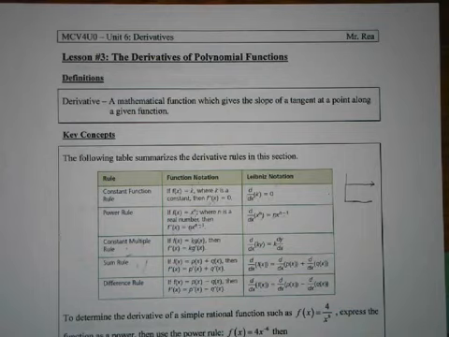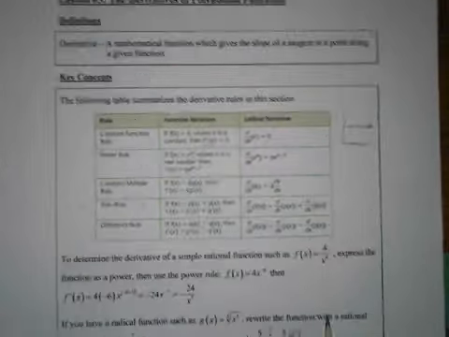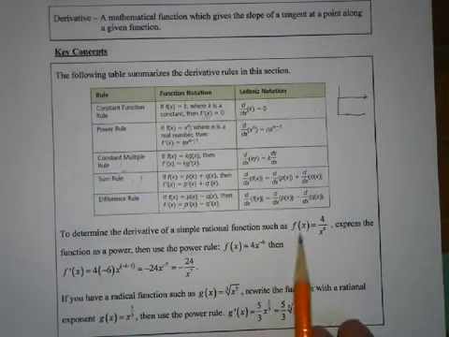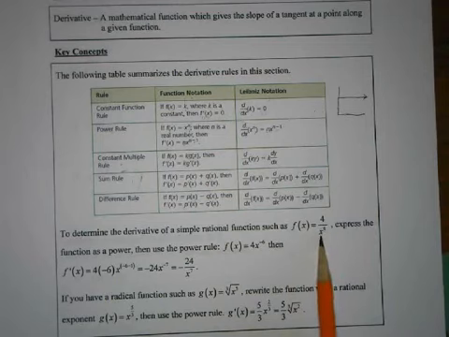Okay, so here's where we can start doing some examples. Determine the derivative of a simple rational function, such as f of x equals 4 over x to the 6. This is when you have a negative exponent, or x to a power that you're dividing by.